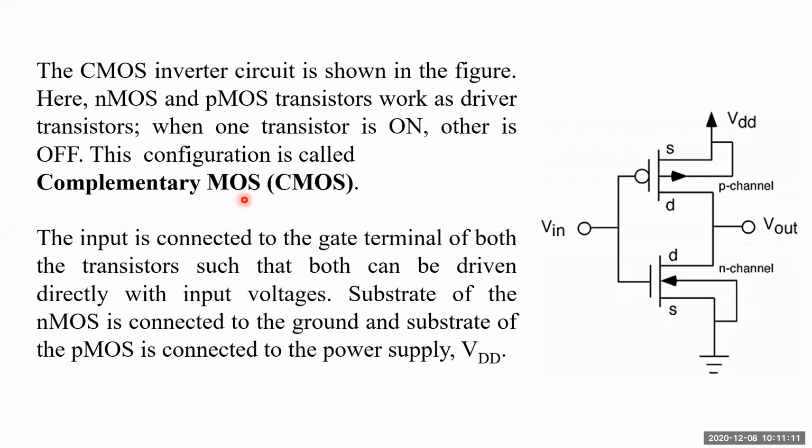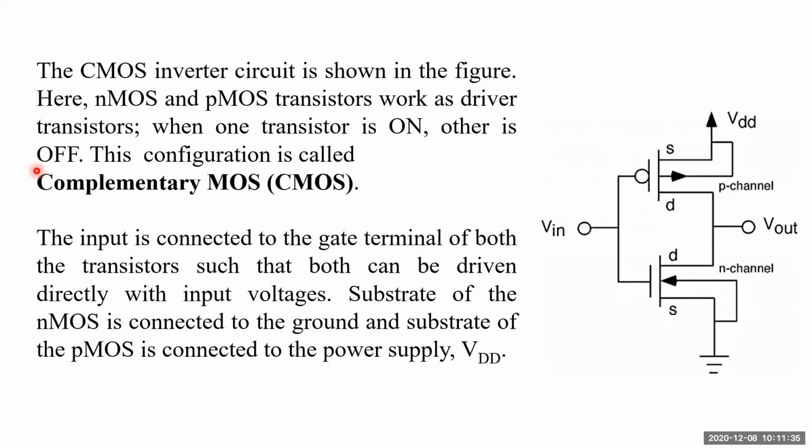Here the NMOS and PMOS transistors work as driver transistors, where one transistor is on in one phase and the other transistor is off in another phase. So it goes on repeating. In one phase, only one transistor will be on and the other will be off.